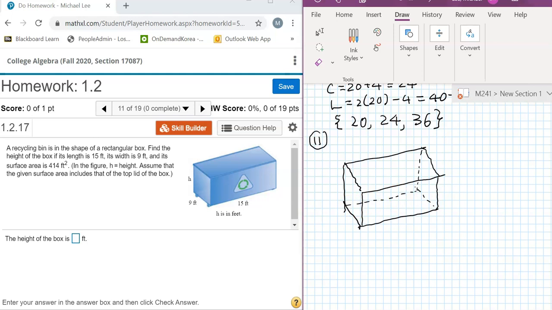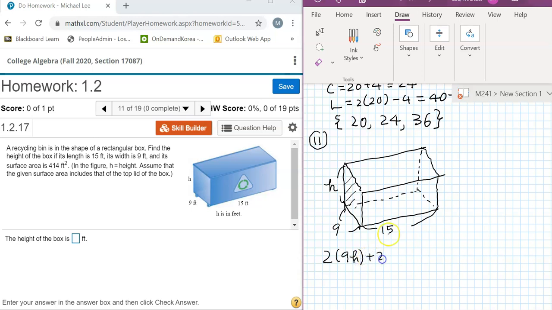Okay, so now, this is what they say. This is the height, h. And this is 9, and this is 15. Okay, so we have a 6-sided box, and then the surface area, let me see. Twice, so this area is 9 times h.